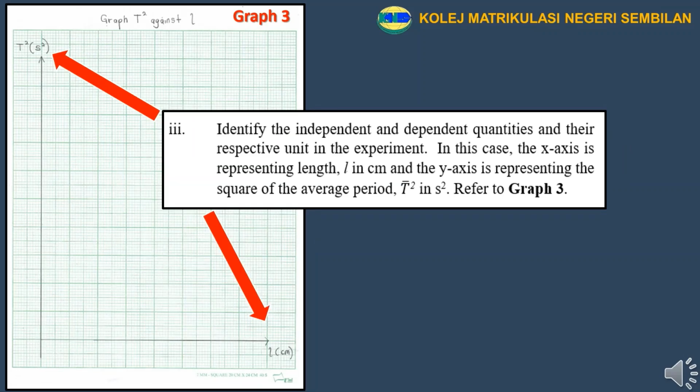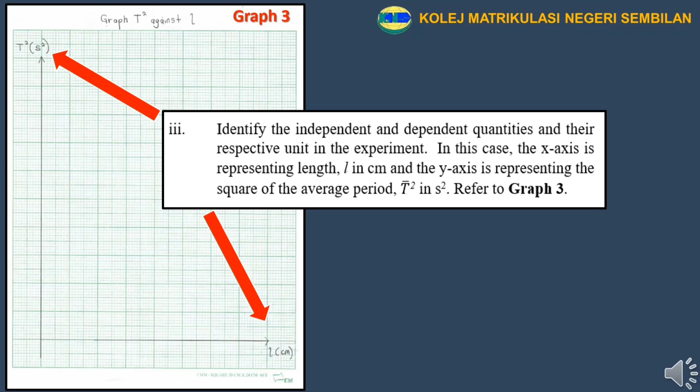Number 3. Identify the independent and dependent quantities and their respective unit in the experiment. In this case, the x-axis is representing length L in centimeter and the y-axis is representing the square of the average period T bar square in second square.